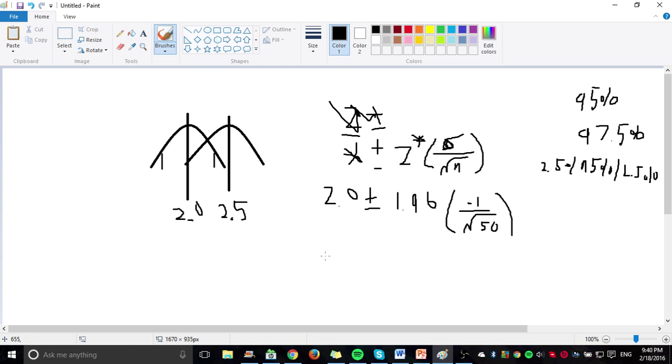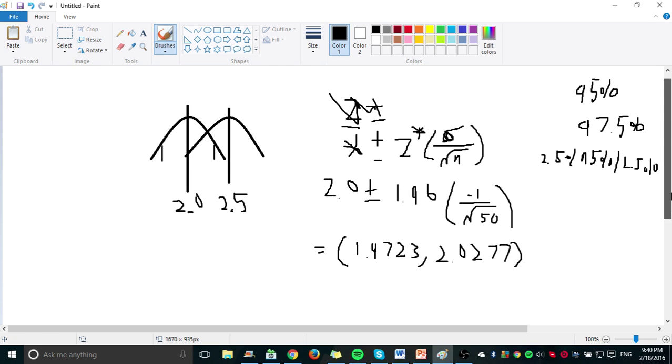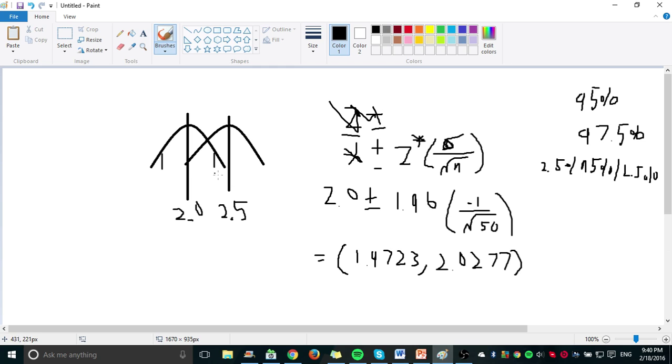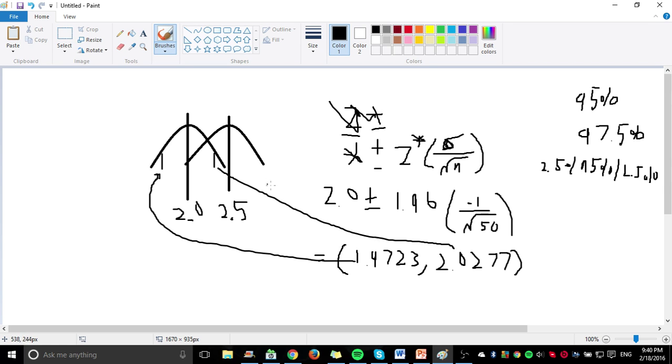Doing that, this should equal a confidence interval of 1.9723 and 2.0277. So with that, now you know what these significance levels are. The significance level and the confidence level are the same thing in this case. So the significance level for this one would correspond with this value, and the significance level of that one would correspond with that value.